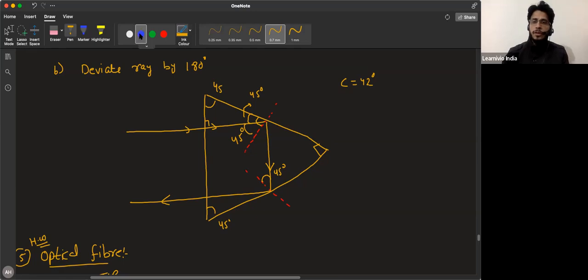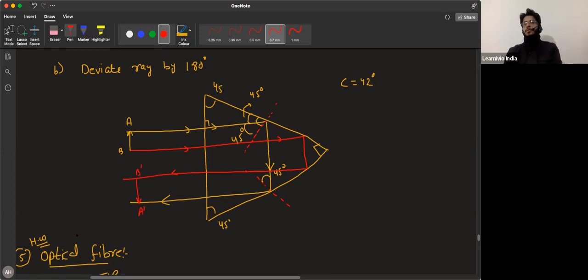If you take one object here, call this point A and this point B, this is your object. So this ray is going straight, reflects here, and comes back. So this is A prime, this is B prime, this is the image.